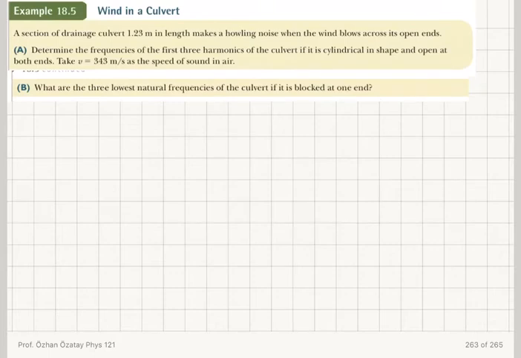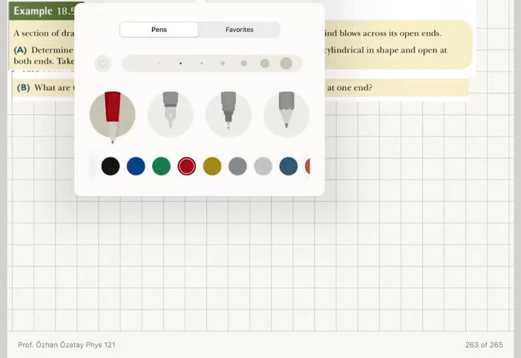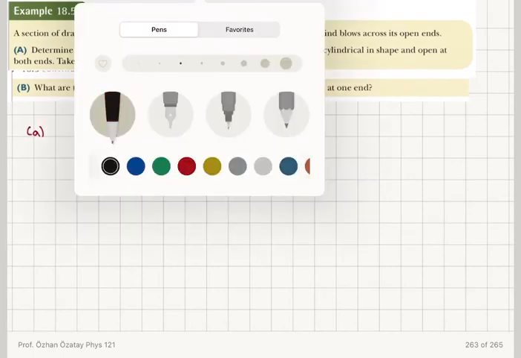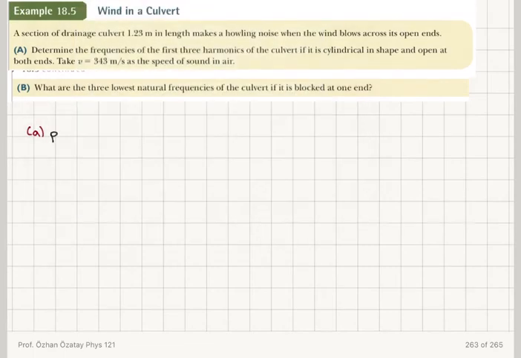Now let's take a look at a few examples. A section of drainage culvert 1.23 meters in length makes a howling noise when the wind blows across its open ends. Determine the frequencies of the first three harmonics of the culvert if it is cylindrical in shape and open at both ends. So I have a pipe open at both ends.